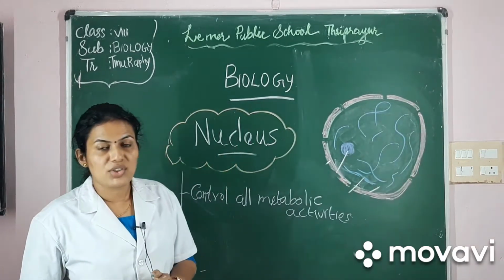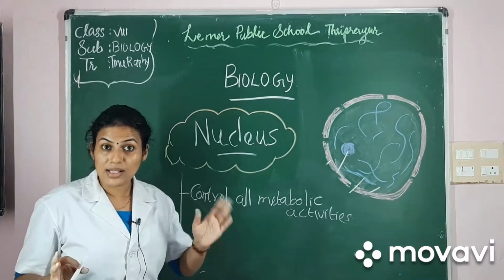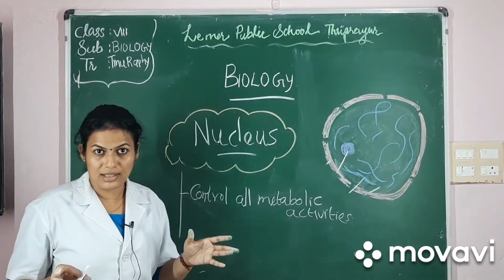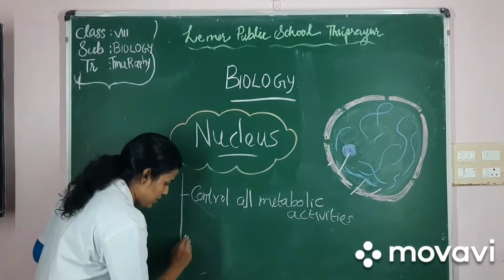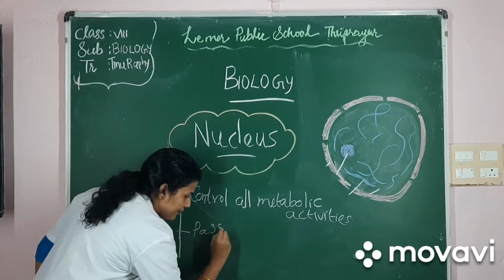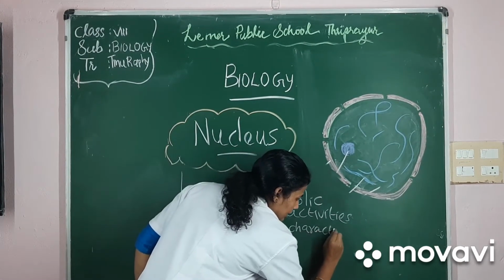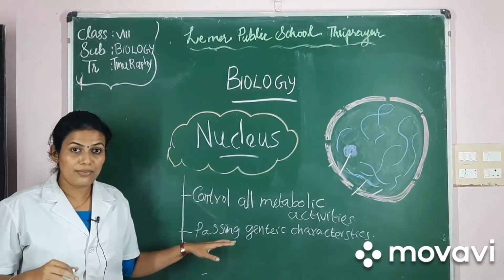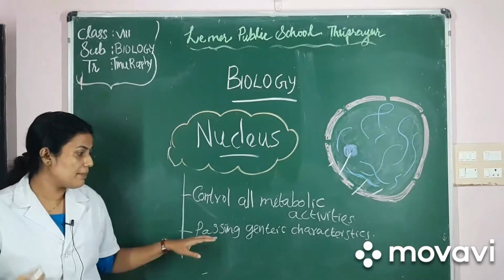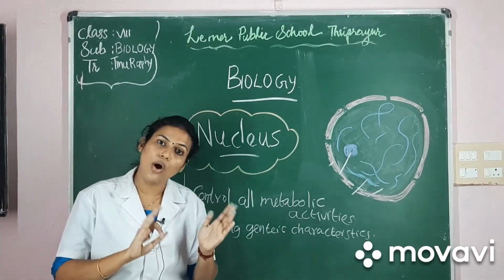The second function of the nucleus is that it is responsible for passing genetic characteristics from parents to offsprings.